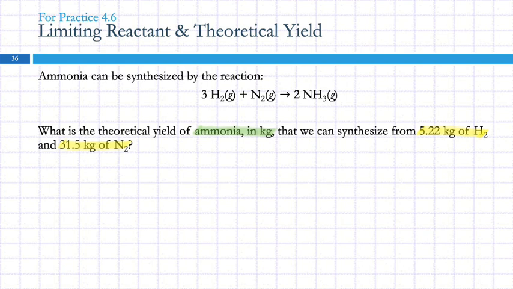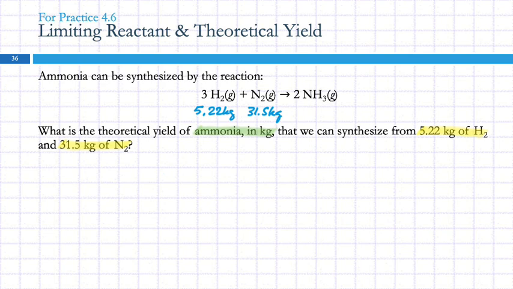Now I'm going to take those numbers and write them under the chemical equation. So 5.22, well, that's maybe a little too big. Needs to fit. 5.22 kilograms of that and 31.5 kilograms of that.